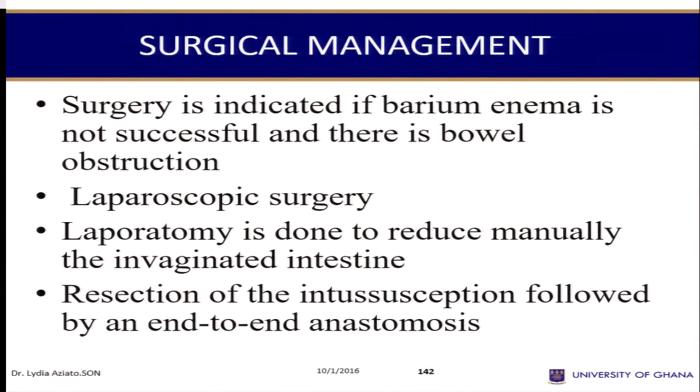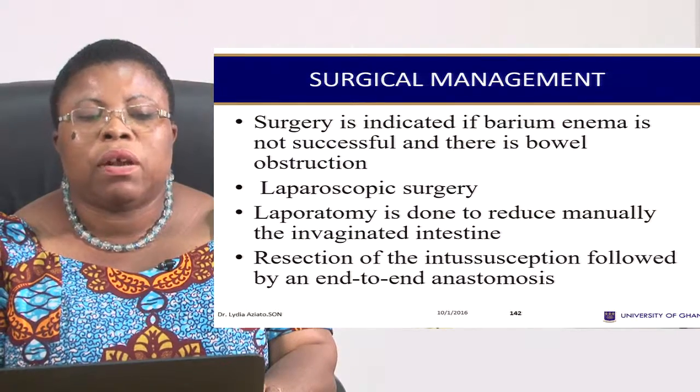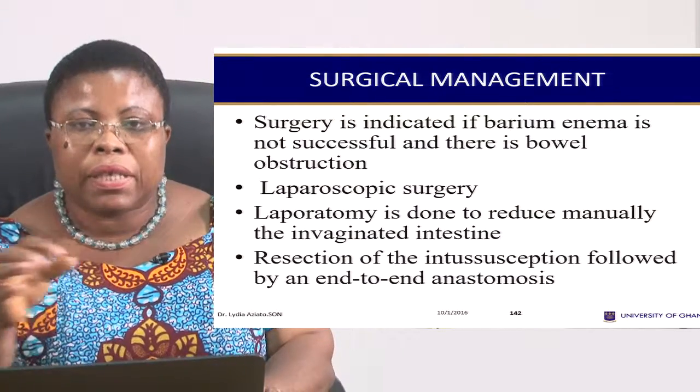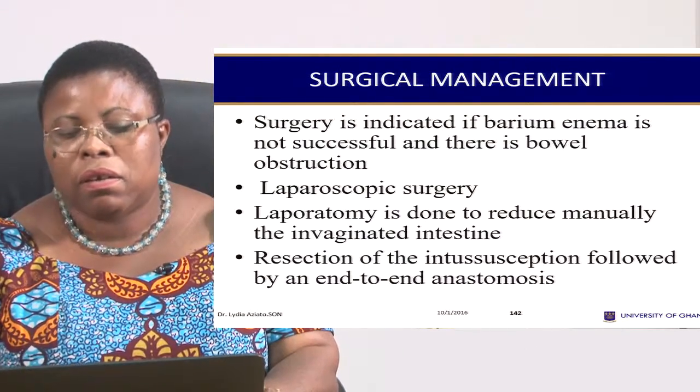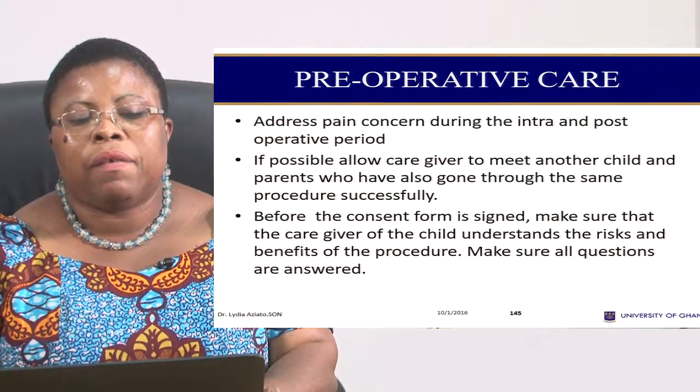Or they will just do a resection and anastomosis. I mentioned resection and anastomosis earlier, but you can also do a manual reduction, pulling the invaginated portion out if it's not complicated, if it's not obstructed, if the tissues are not dead, if it's patent, but it's just an invagination. So you can have that.